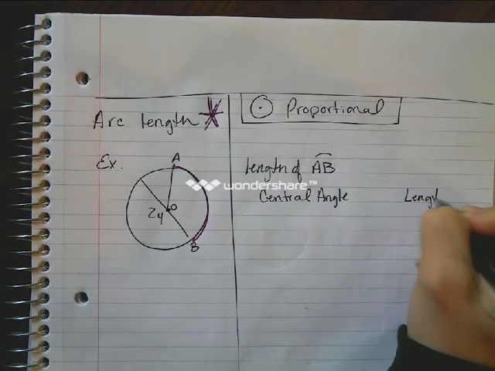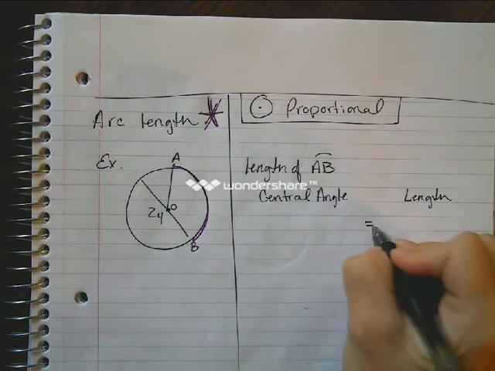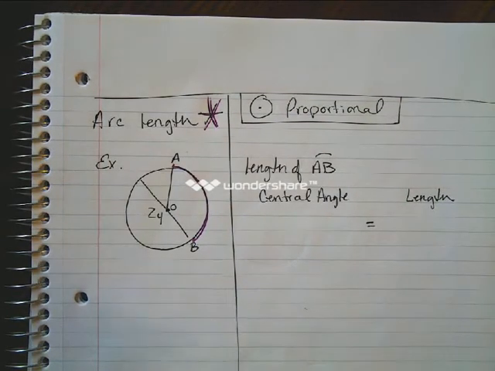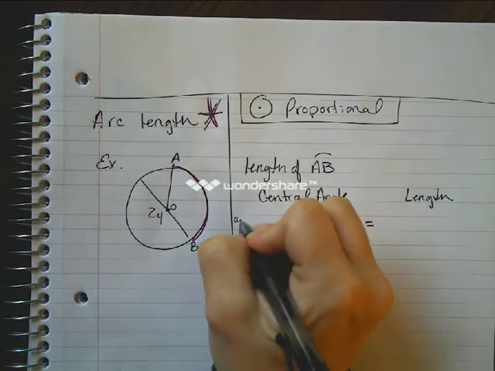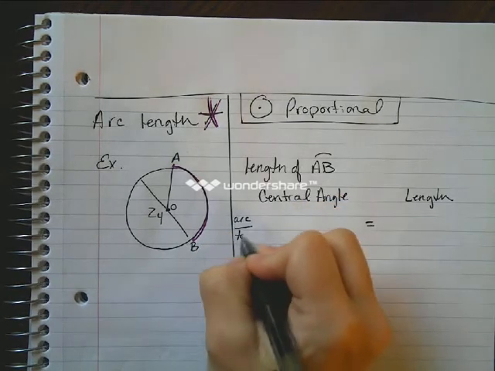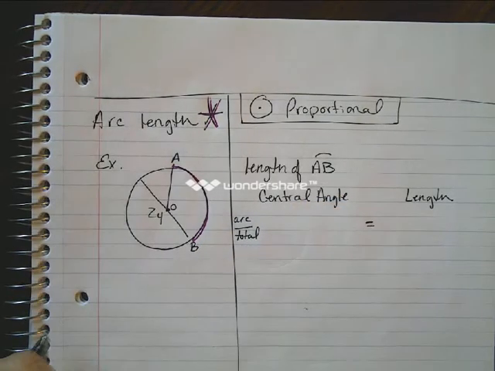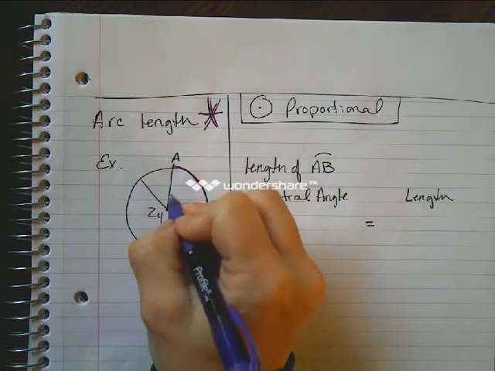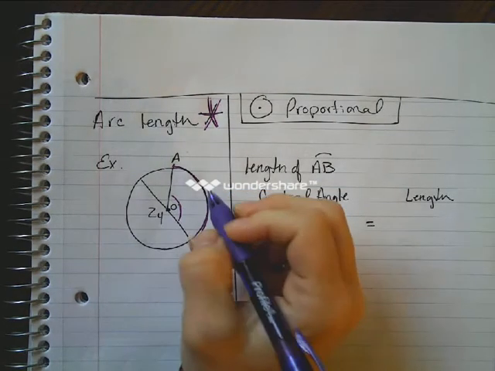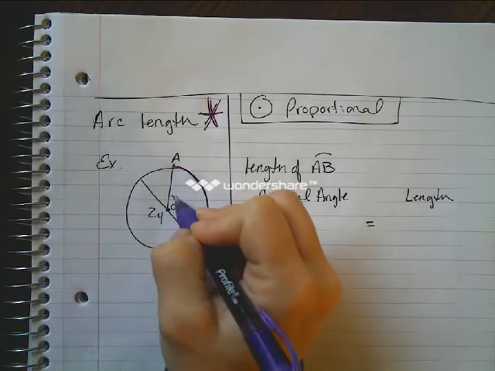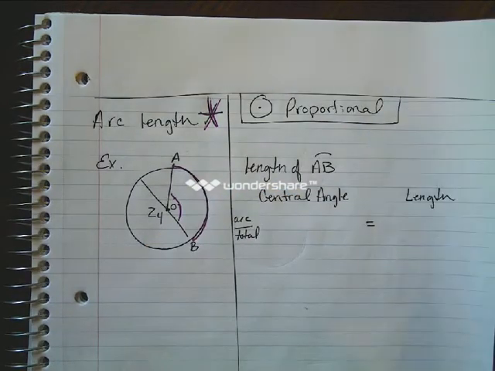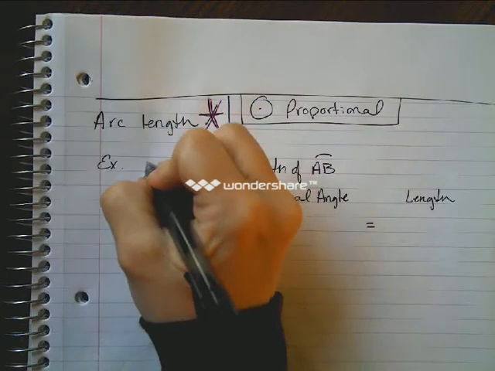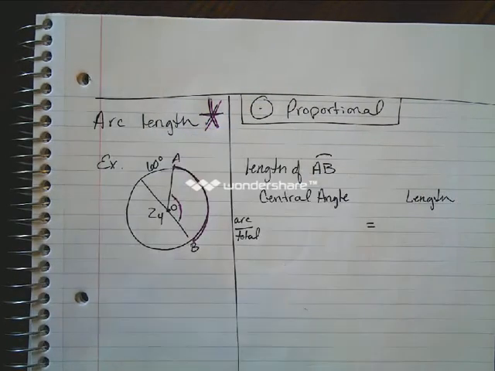So, to find the measurement of AB, I would do 180 minus 60, which is 120. And I'm going to put that over the total circle. Remember, we're still on angles: 360.